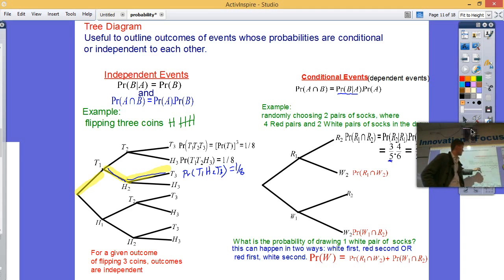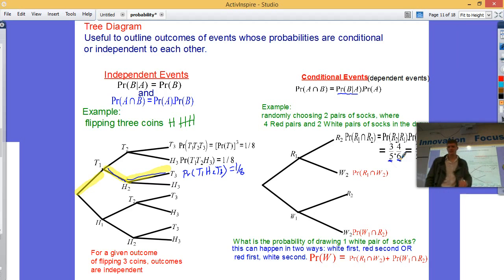Drawing on our rule, I've got this first conditional factor multiplied by the probability of red sock. So if I draw out a red sock, I get 4 out of 6, because there's 6 socks in total, 4 of them are red. Now, if that is gone, I've got 5 socks left in the drawer, but 3 of them are red.